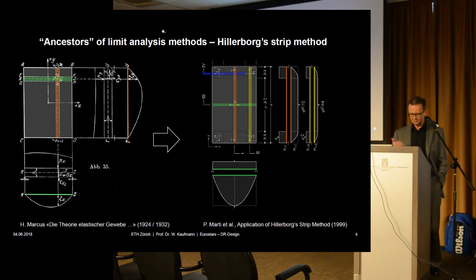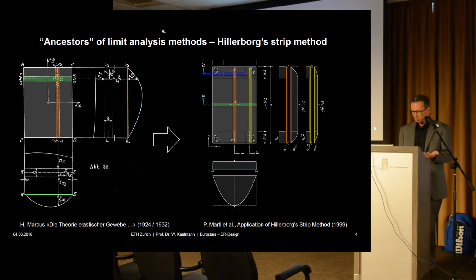This also goes back 100 years; the Germans had it in the codes, based on works of Marcus, who distributed the load into 2 directions according to the deformations. To achieve the same deformation at the midpoint of the slab, he distributed the loads in the X and Y direction. Hillerborg's strip method essentially does a very similar thing, it's just that there's more freedom in redistributing the forces.